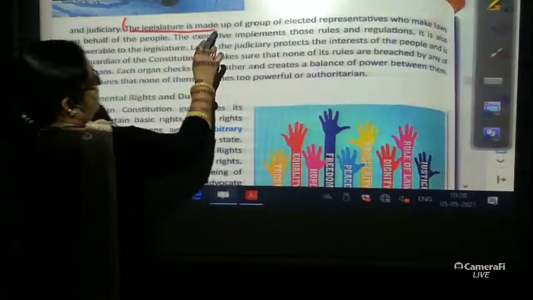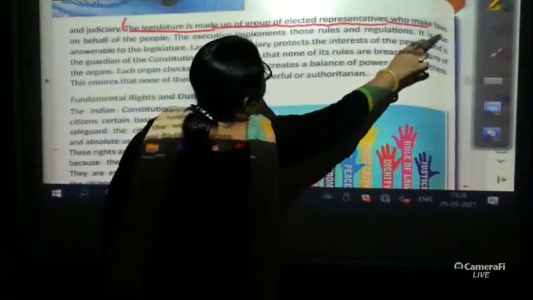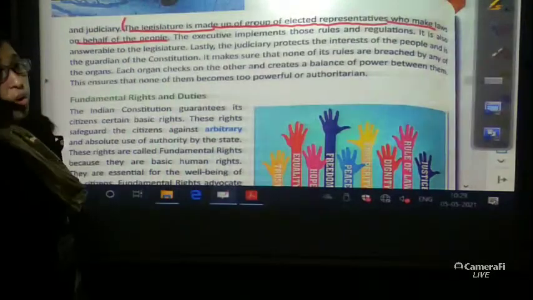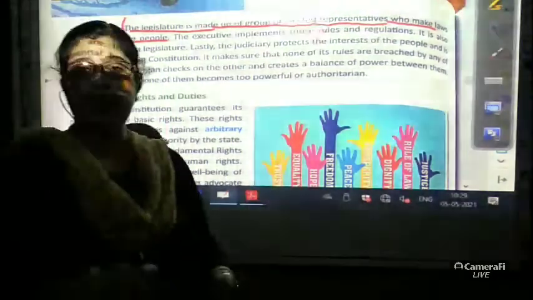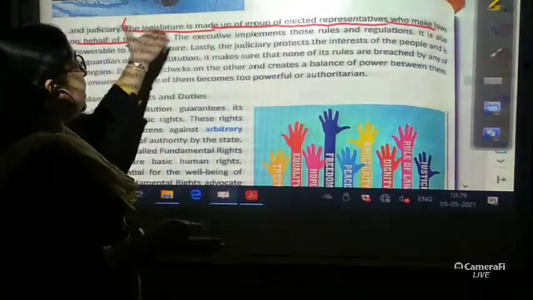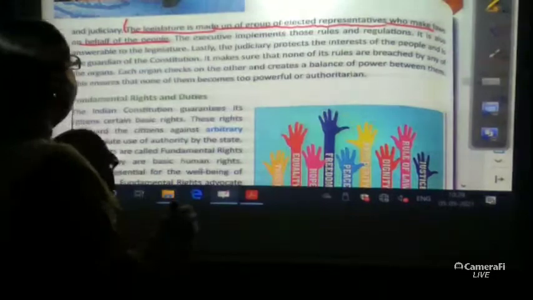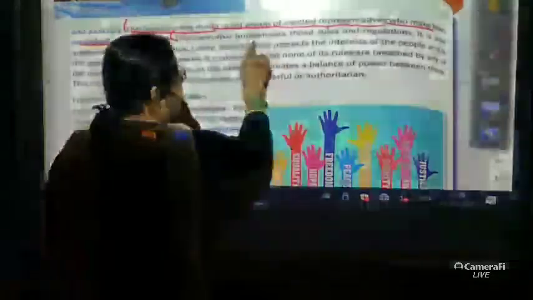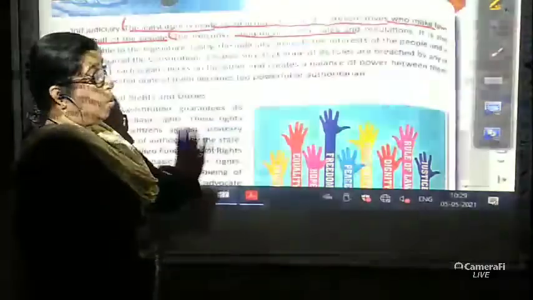The legislature is made up of a group of elected representatives who make laws on behalf of the people. We common people cannot make the law, so on our behalf the legislature makes the law. Now the work of the executive: the executive implements those rules.